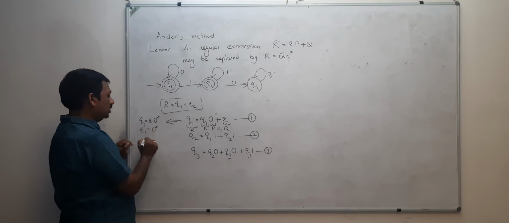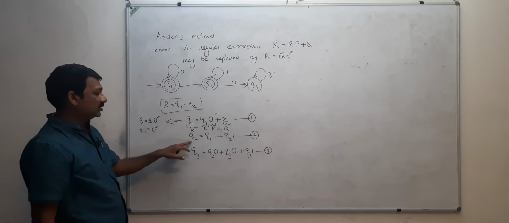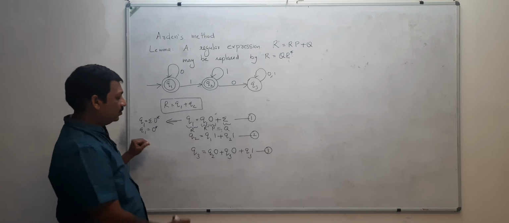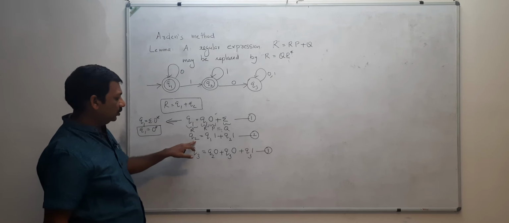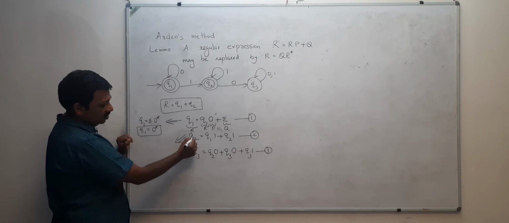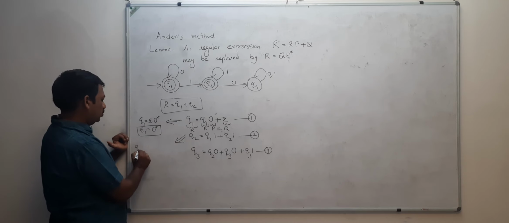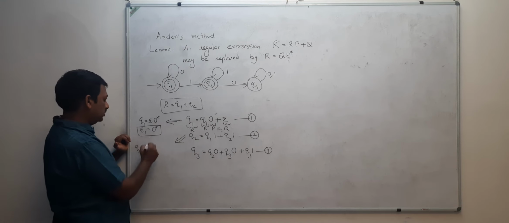So Q1 is 0 star. Now what is Q2? We know that Q1 is 0 star. So Q2 is equal to Q1 1, that is 0 star 1.